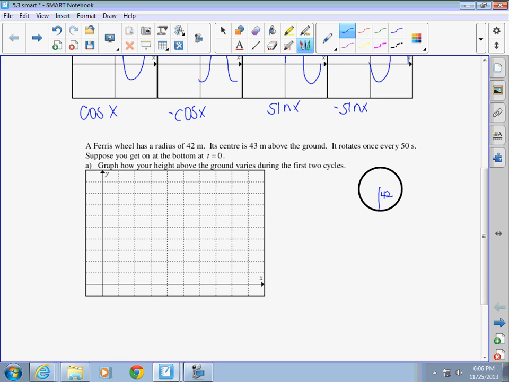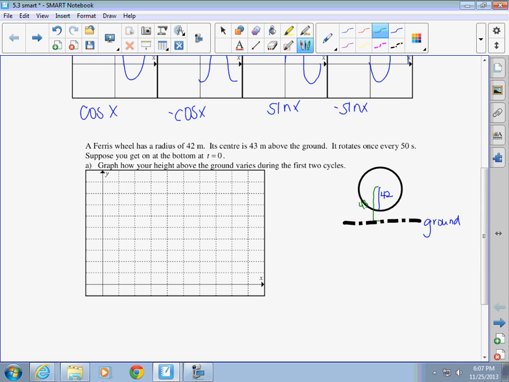Its center is 43 meters above the ground. So that means this distance from here to here, if this is my ground, is 43 meters. So that's what the basics of this would look like.